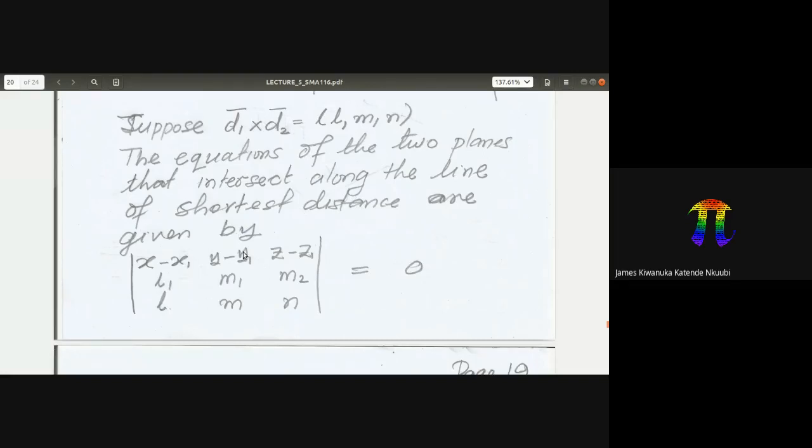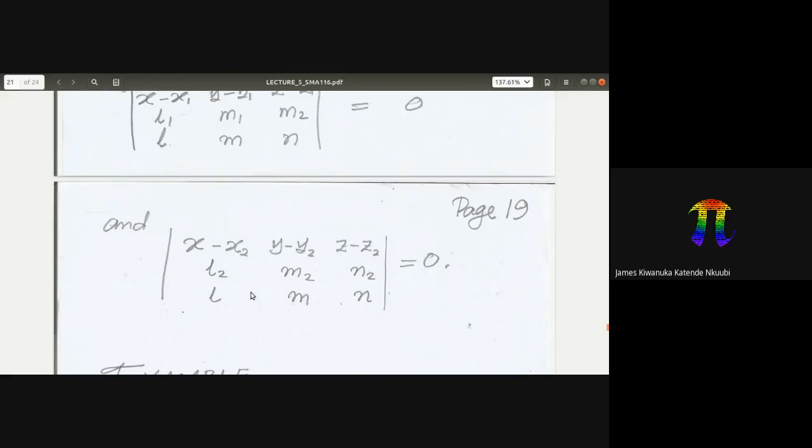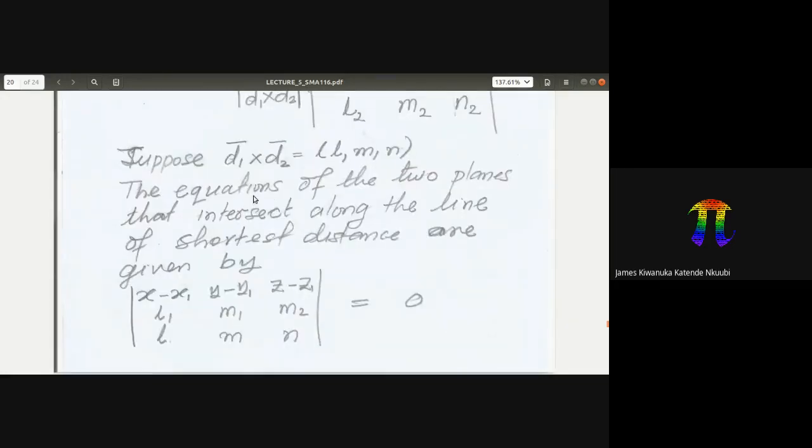This second bit gives you the equations of the two planes that intersect along the line of the shortest distance. So this will be the first plane, and this will be the second plane. This last part is simply giving you the equations of the two planes that will intersect along the line of shortest distance.